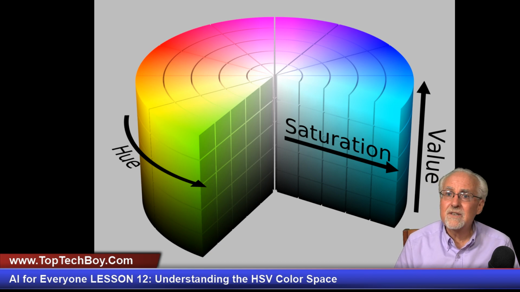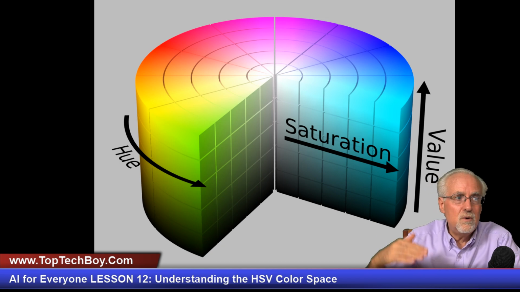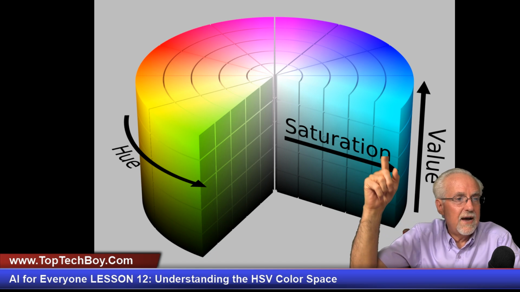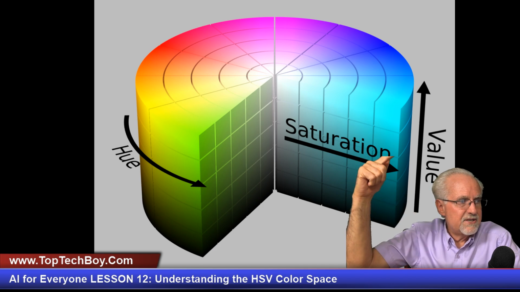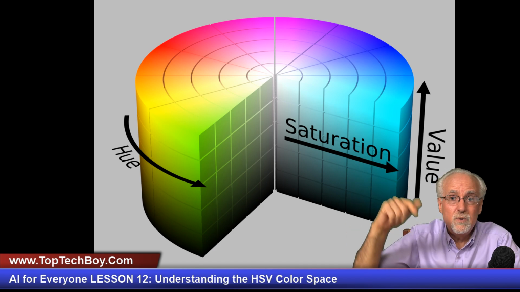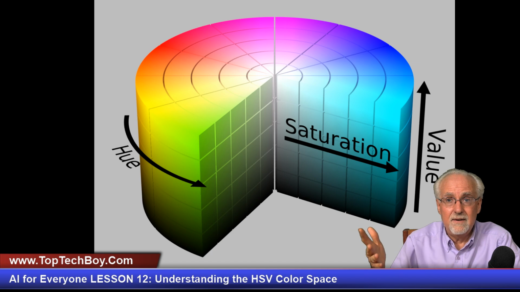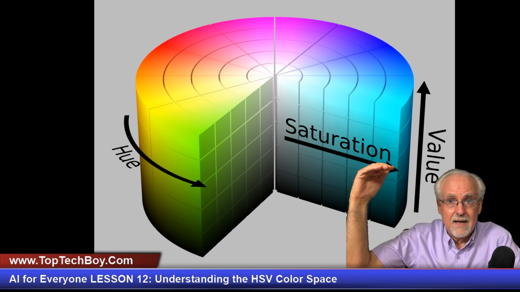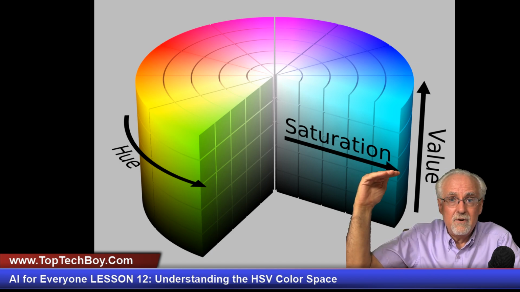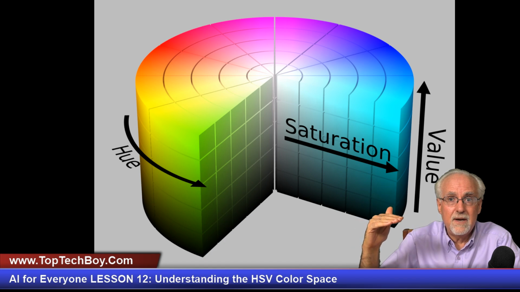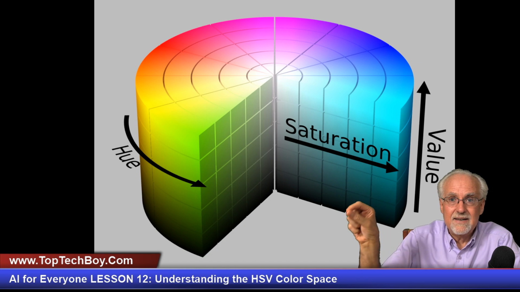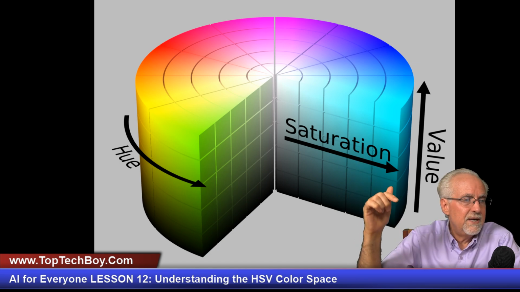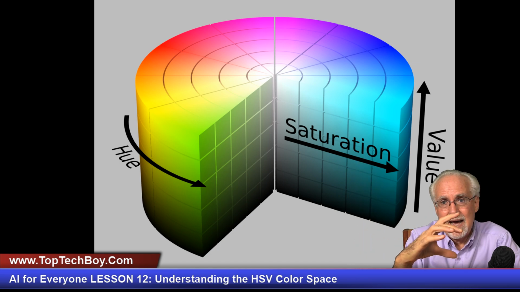Well, then what is this value nonsense? The value is think about adding black to it. If I go all the way up to the top, I'm pure blue. If my value is 255, then I'm pure blue. As value comes down, down, down, it's like I'm mixing black in. It's like I take a drop of pure blue ink and put it in black ink.